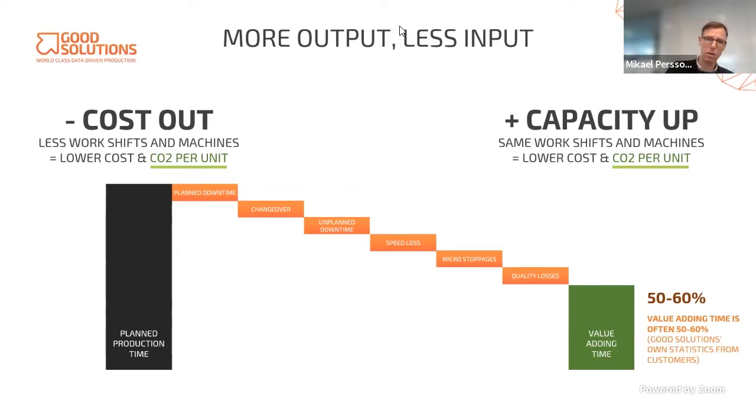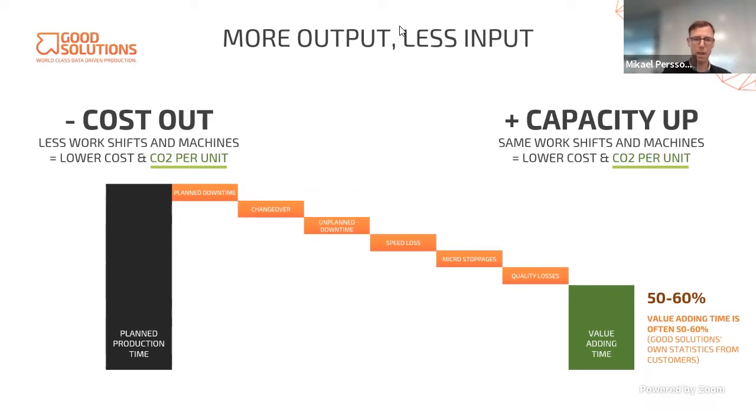And these losses are the orange blocks here in between. That is everything from planned downtime, which can be planned maintenance, for example, changeover time, unplanned downtime, for example machine breakdowns, but it can also be other unplanned things in operation. Speed loss, when you run slower than the calculated pace or the sold pace. Small stoppages and quality losses.